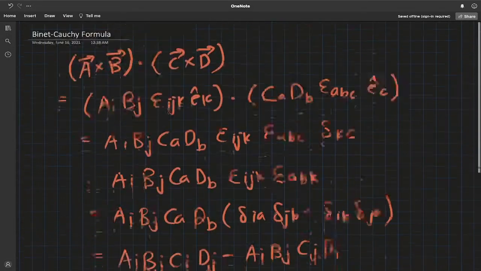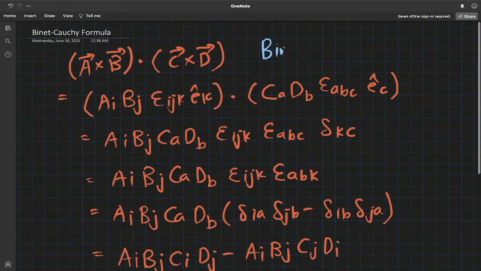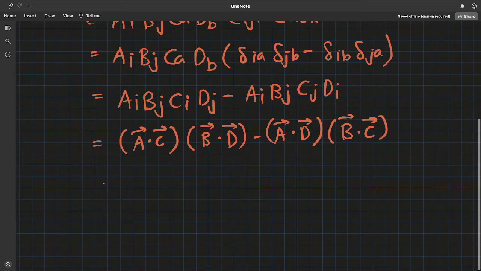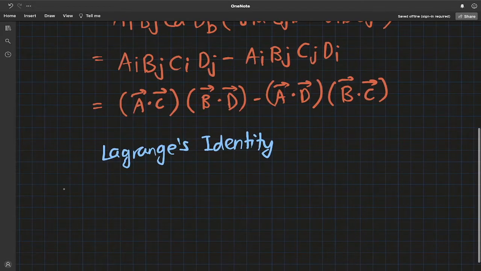Now, one really nice application of this formula, of the Binet-Cauchy formula. This is the Binet-Cauchy formula. Is Lagrange's identity, which basically says the magnitude of A cross B squared, and we need to find something for this.